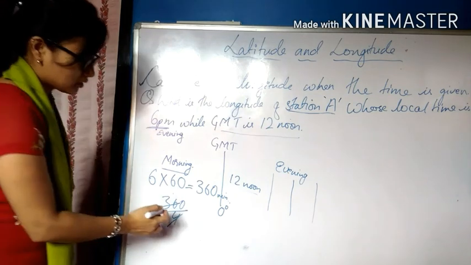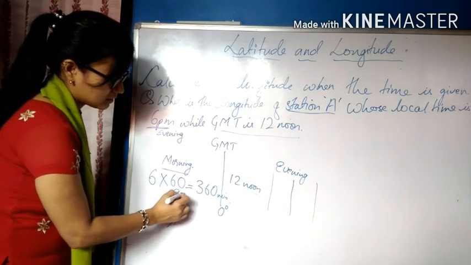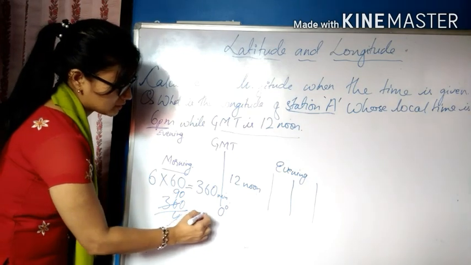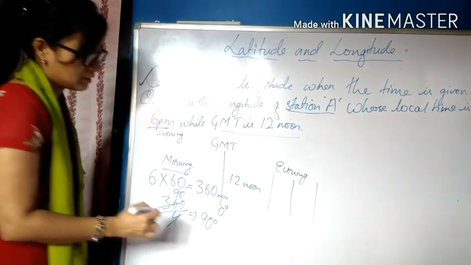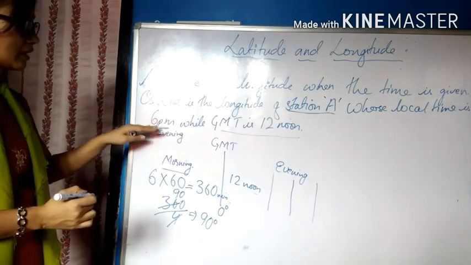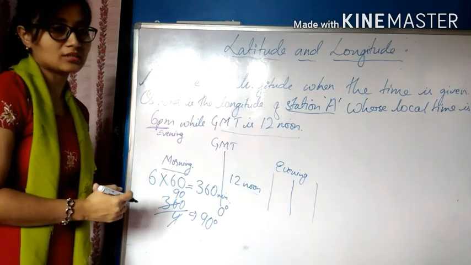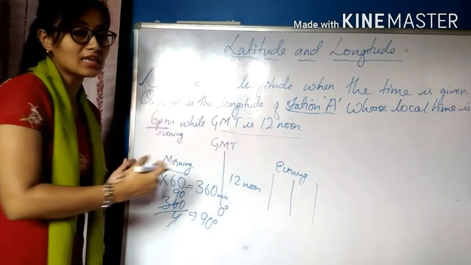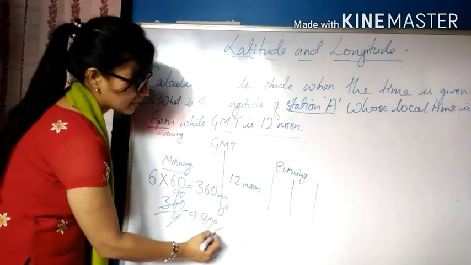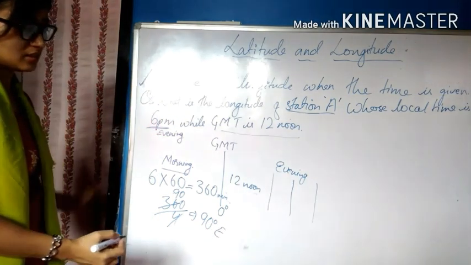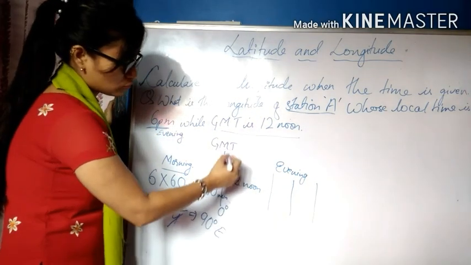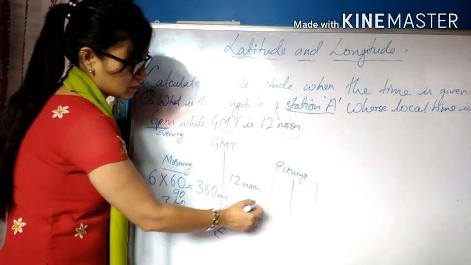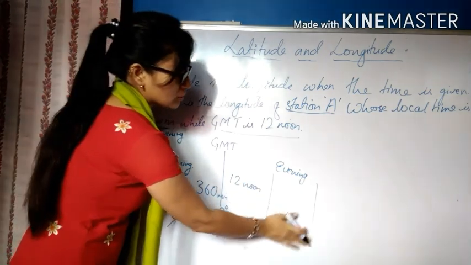So how much will you get? 4 nines are 36, 0. So what is the answer? 90 degree. And with the help of time, we have come to know that it is located in the eastern hemisphere. So that's why 90 degree east. So now we have come to know from 0 degree at what longitude it is located.